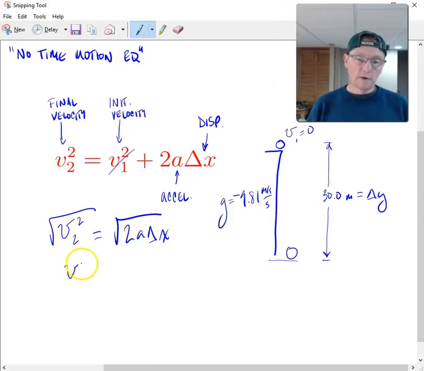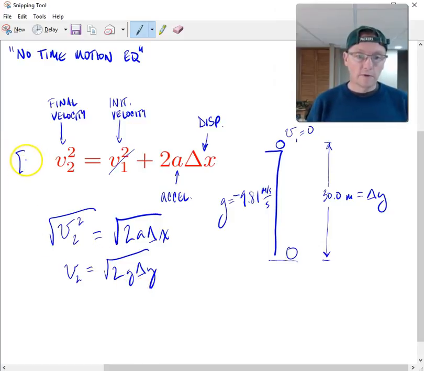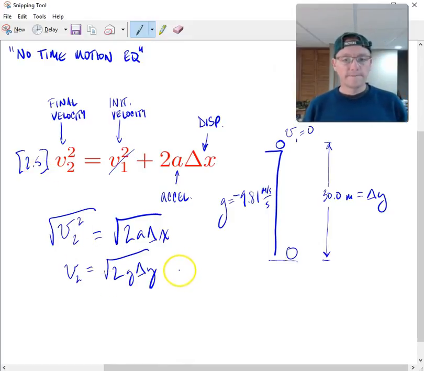So as I rewrite this, it ends up being v sub 2 is equal to the square root of 2 little g delta y, which is also on your formula sheet. You might want to just check that out here. I think this formula is 2.5 on the sheet. And the other formula is like 2.7, if I recall. This one down here is like 2.6 or 2.7.